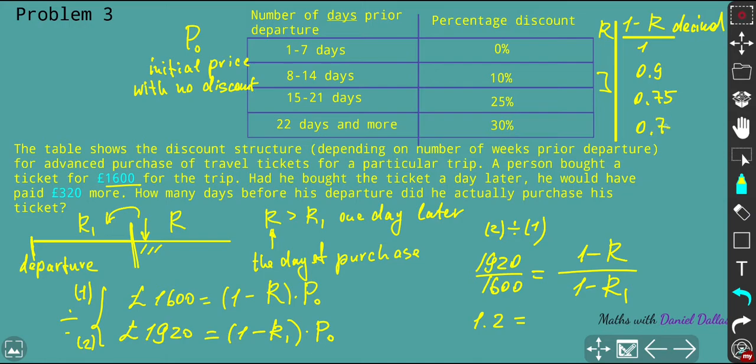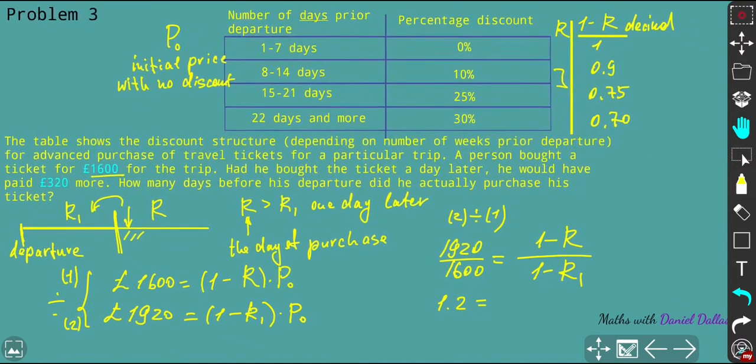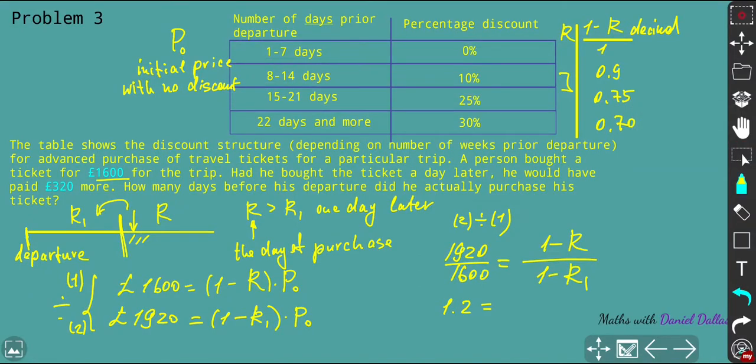Right now we just need to find the ratio of 1 minus R to 1 minus R1, the previous one. So the rate or discount for the previous period. For example, we can compare the first pair. It's going to be 1 to 0.9. I want to take the ratio 1 to 0.9 to see whether it's going to be 1.2 or not.